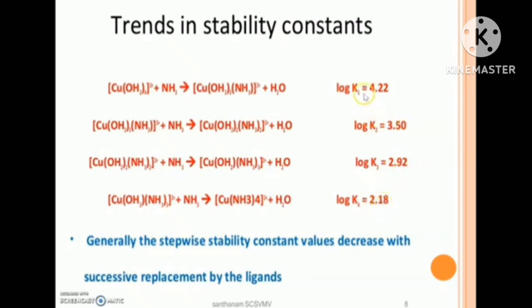From this we can generally say that K1 is always higher than K2, which is higher than K3, which is higher than K4. That means the first stability constant is always higher and its value decreases in each step.